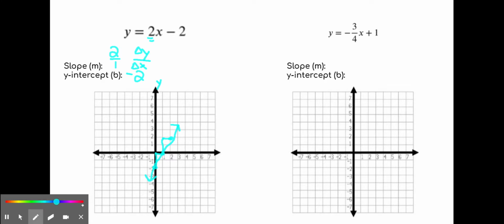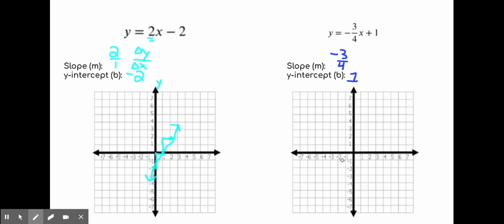So here is y equals -3/4 x plus 1. What is the slope of this line? It's -3/4, right? Okay. What is the y-intercept of this line? It's 1.